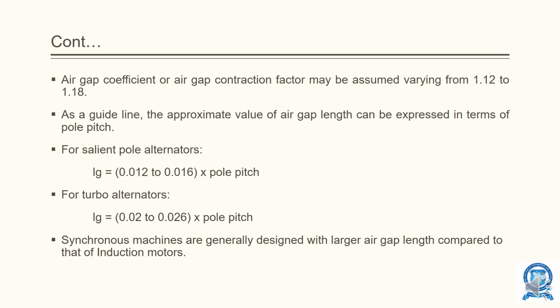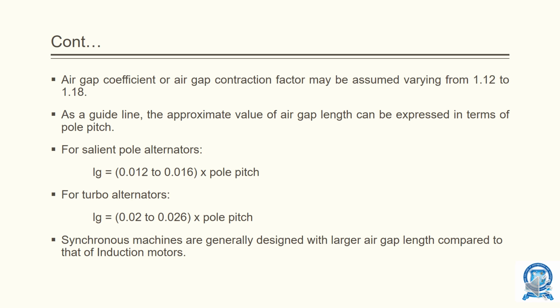So for salient pole alternator, the length of air gap Lg is equal to 0.012 to 0.016 of pole pitch. And for turbo alternator, the length of air gap Lg is equal to 0.02 to 0.026 of pole pitch. So synchronous machines are generally designed with larger air gap length compared to that of induction motors.